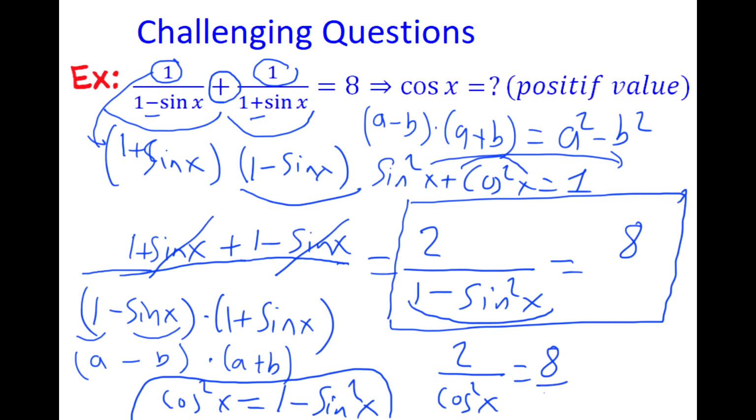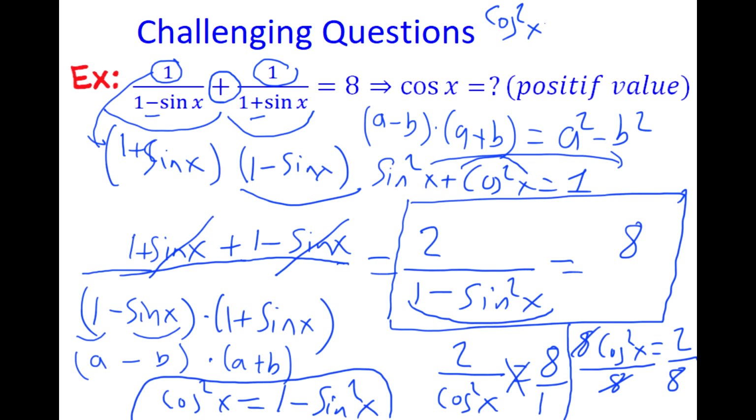guys. Here we can write in the denominator part on the right side 1, and if you apply the cross multiplication, 8 times cosine square x, which is, okay, let me continue like this, 8 cosine square x is equal to 2, guys. If you divide both sides by 8, these are gone, so cosine square x will be, let me continue on the top right, cosine square x is, guys, 2 divided by 8 is 1 divided by 4, guys, right?